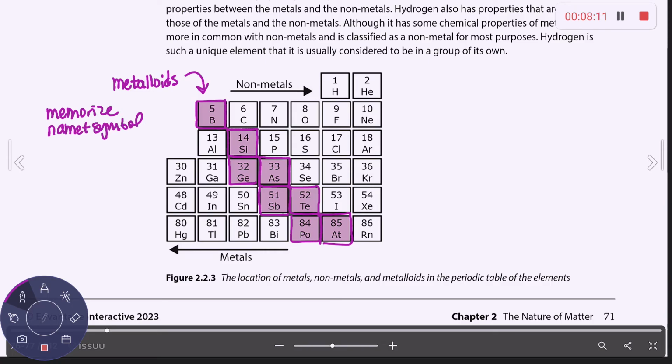I will definitely ask you about those later, okay? And then what you want to do is pick a different color, and you want to color in your nonmetals in that different color. So for instance, everything to the right of the metalloids would be considered a nonmetal.